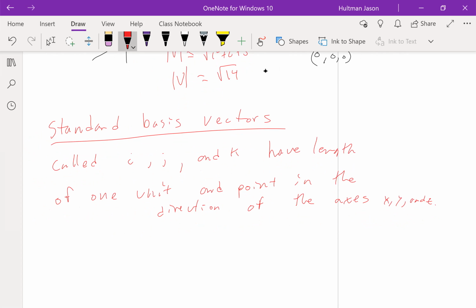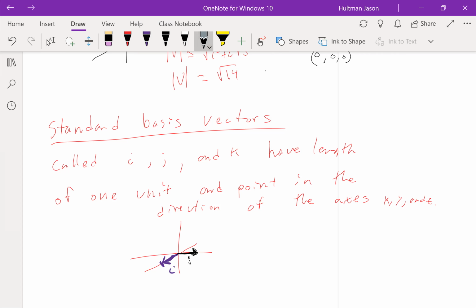So I is here. If this was out 1 unit, this would be I. Okay, I is 1 unit in the direction of X. That's I. Where's J? Well, this is J. 1 unit in the direction of Y. That's J. And then where's K?